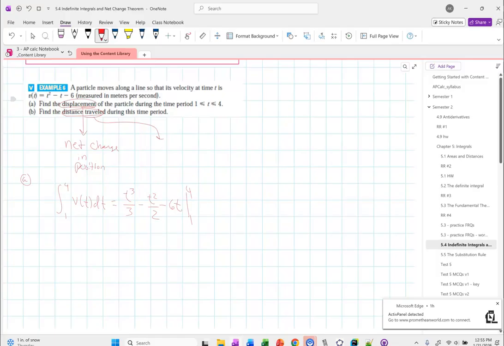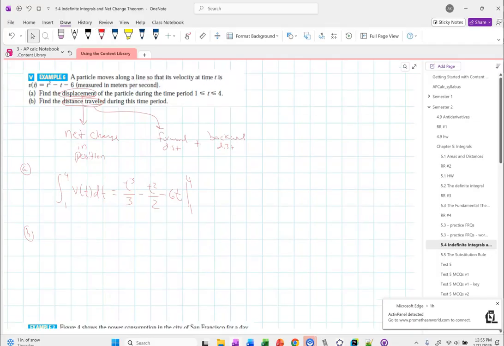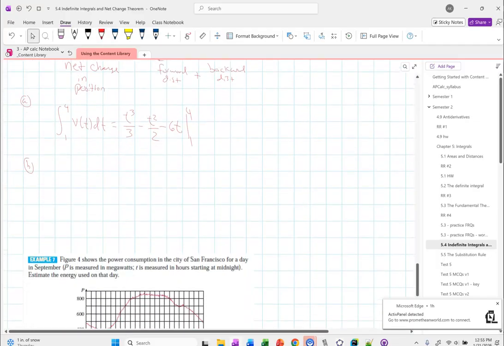So this is going to be forward distance plus backward distance, right? How am I going to do that for my integral? Symbolically, what am I going to do there?